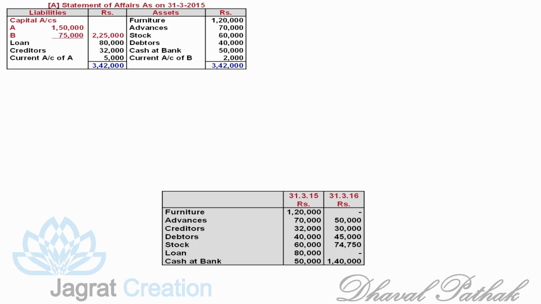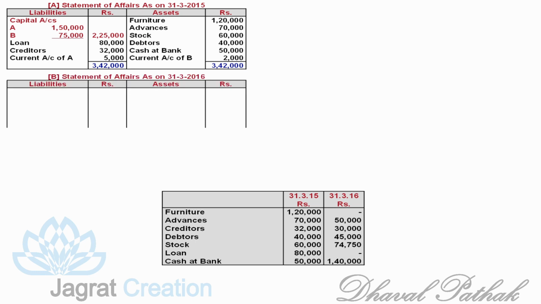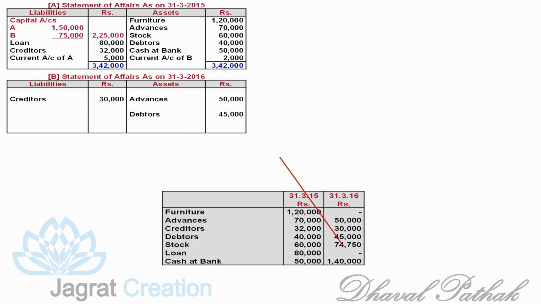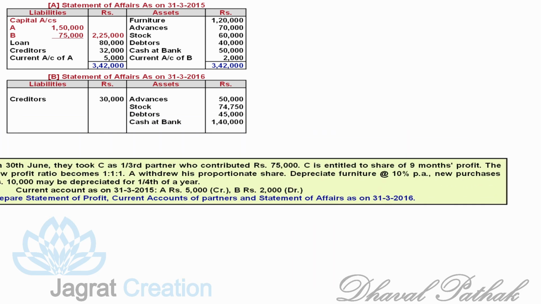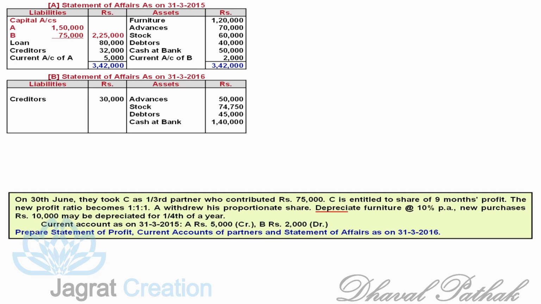After preparing this opening statement of affairs, I want to prepare a closing statement of affairs wherein advances asset side, creditors liability side, debtors asset side, stock asset side, cash and bank balance 1,40,000 and furniture as I explained to you, how much 120 plus 10, 1,30,000.